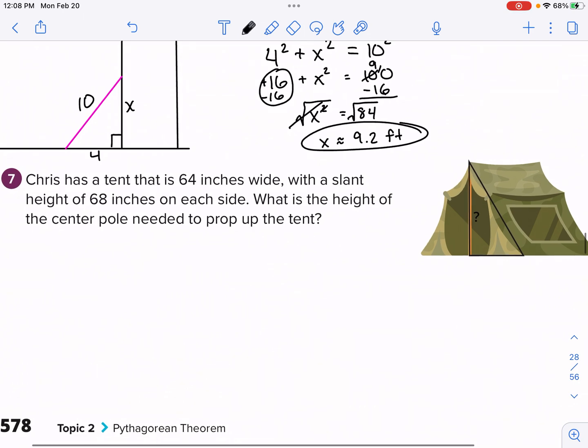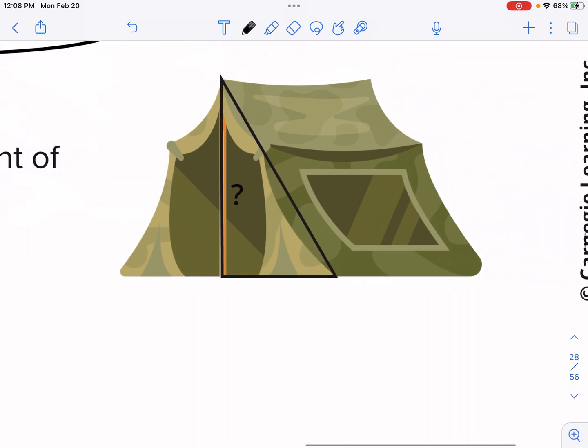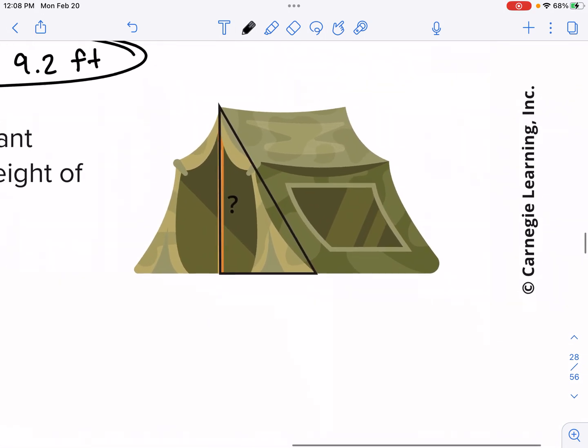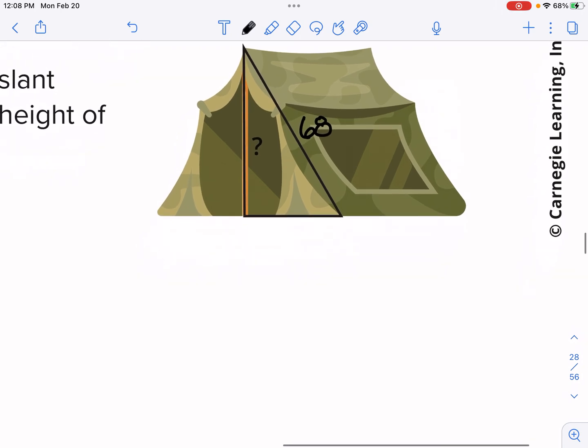What is the height of that center pole? So the slant height means it's the diagonal here. So that is 68. Right, and we're saying that the opening of it is, it's saying it's 68 inches, or sorry, 64 inches wide. So this whole thing is 64.